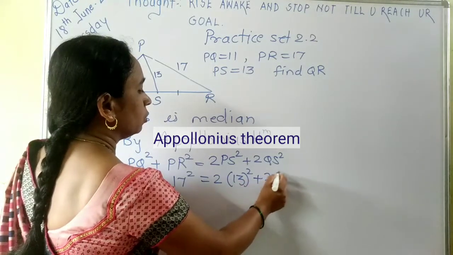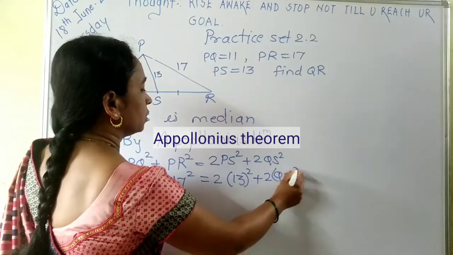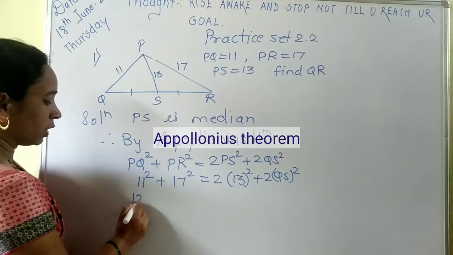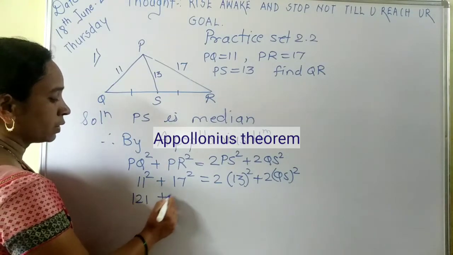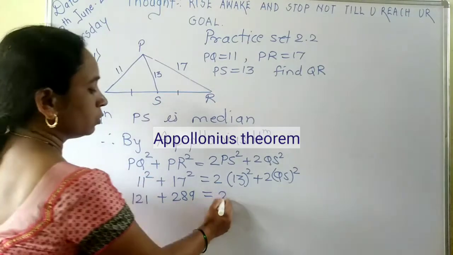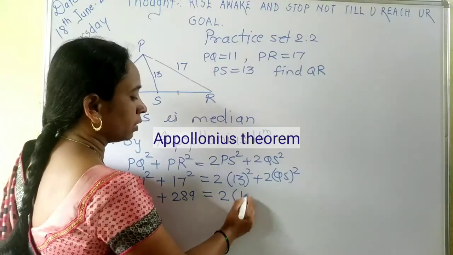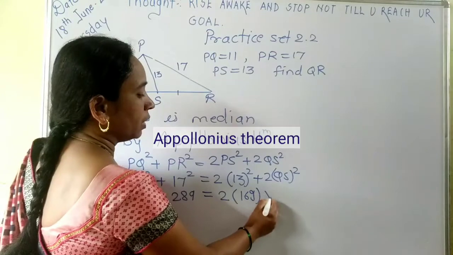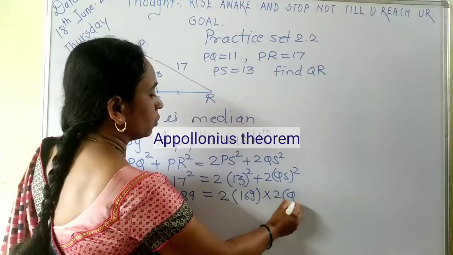Plus 2 QS square. 11 square is 121, 17 square is 289, equal to 13 square is 169 multiplied by 2, plus 2 QS square.